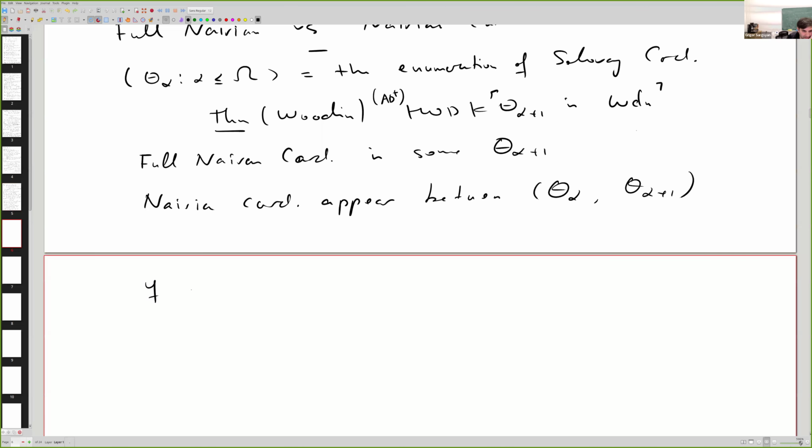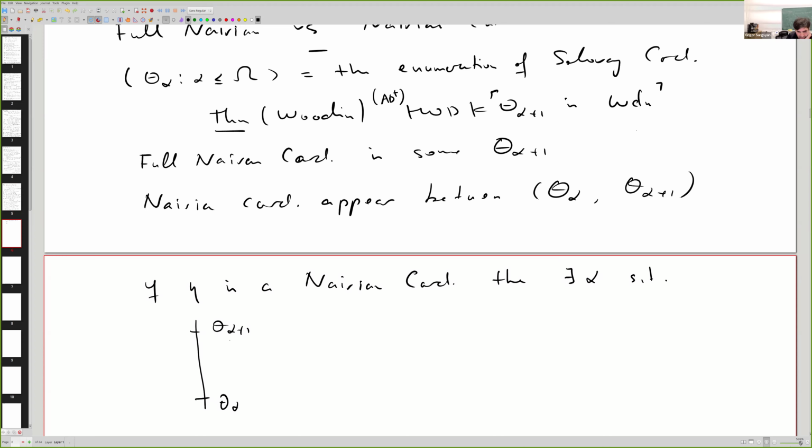So if eta is a Nairian cardinal, then there is alpha such that you have theta alpha plus 1. This is not necessarily a full Nairian cardinal, right?